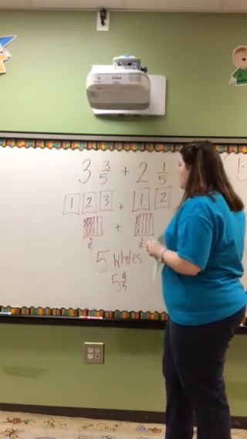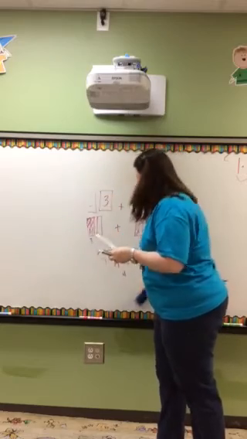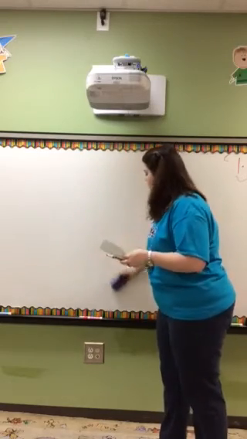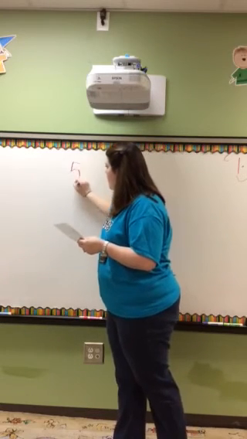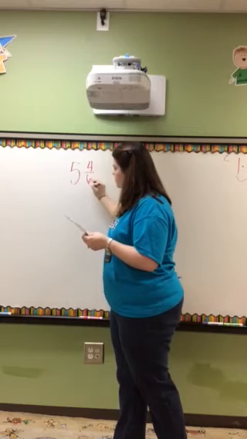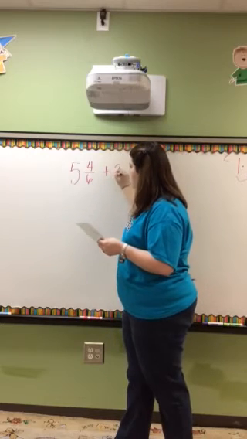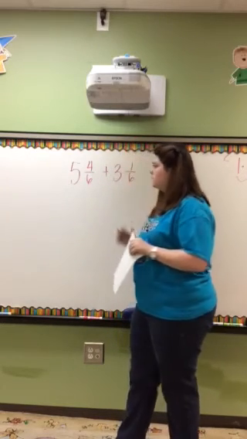We'll look at question number 5 as another example. And it also encourages you on this question to draw a picture if you need help. Okay, they say find the sum. We have 5 4/6 plus 3 1/6.